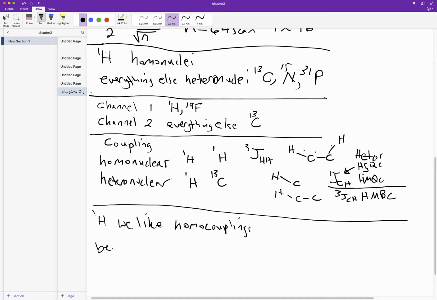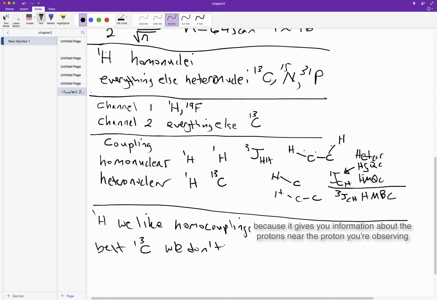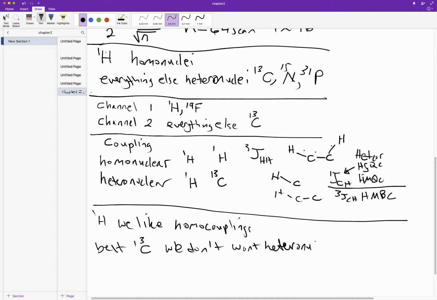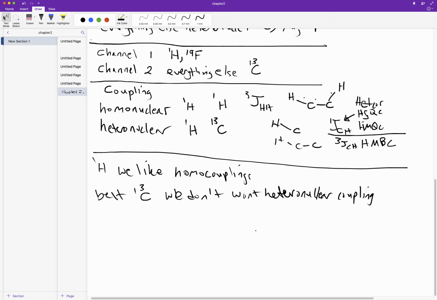But for a carbon spectrum, we don't want the heteronuclear stuff, and we will tailor the experiment to get rid of those heteronuclear couplings.